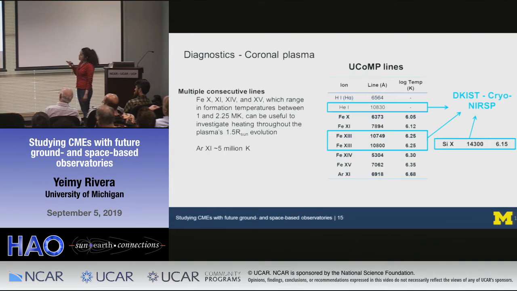But there are also some lines that overlap with cryo-inertia on DECUS that may be useful to use together. If you were lucky enough to see a CME with cryo-inertia and UCOMP, and they were both looking in the right direction, well, UCOMP is going to be looking at the entire corona, so you could theoretically study the release and the evolution of the plasma out to 2 solar radii, which would be good to study the heating and things like that.